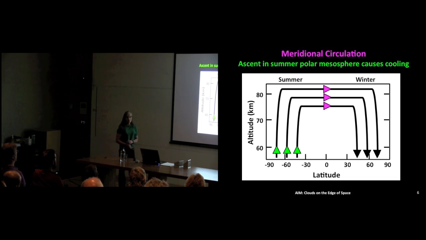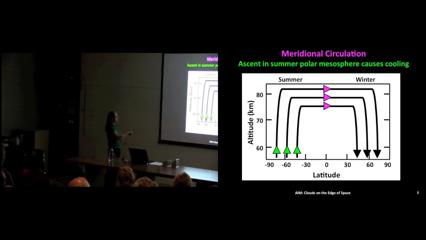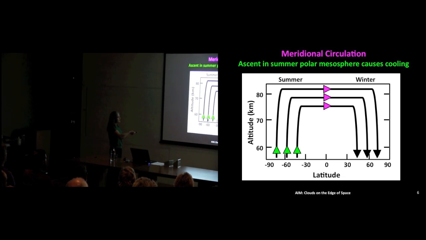The explanation for this, though, is that circulation is causing the temperatures to actually be colder than you might otherwise expect. We're actually going to look at this figure a few times tonight, but just to explain it very briefly, what this shows is the meridional circulation and the winds, and how the transport of material, the air, will ascend in the summertime latitudes in the mesosphere.